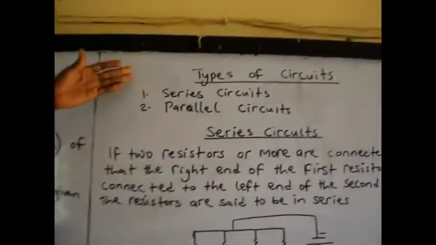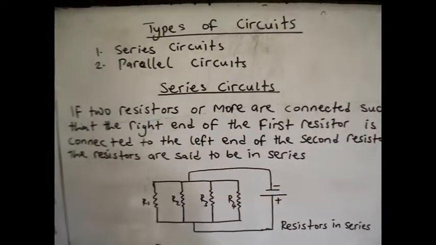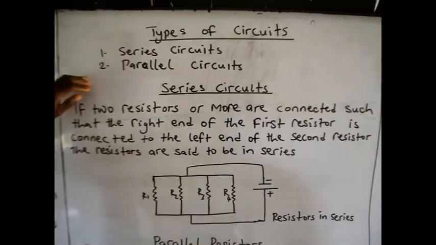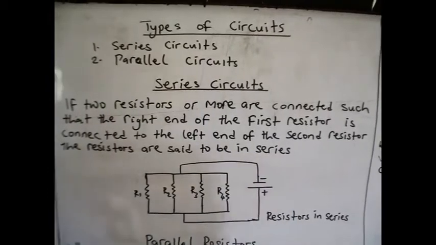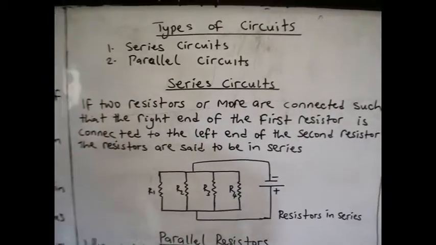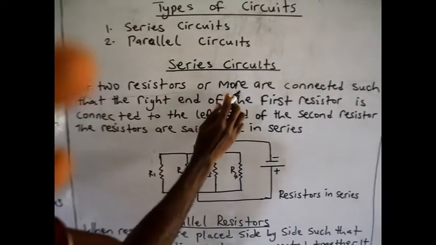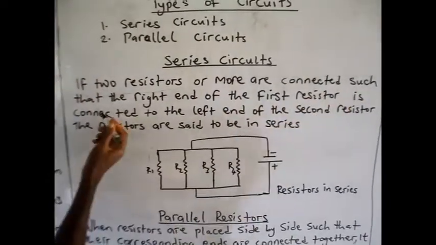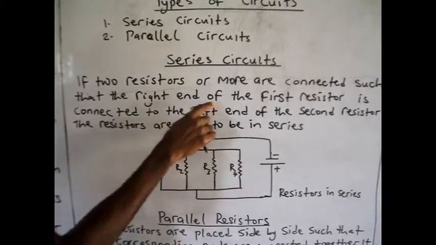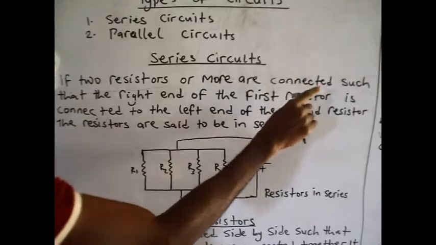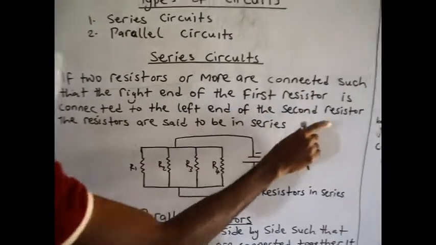So I told you that the parallel connection and the series connection will lead us into the 2 types of circuit. There are 2 types of circuit. We have the series and the parallel. Let's look at the series. The series circuit happens if 2 or more resistors are connected such that the right end of the first resistor is connected to the left end of the second resistor.